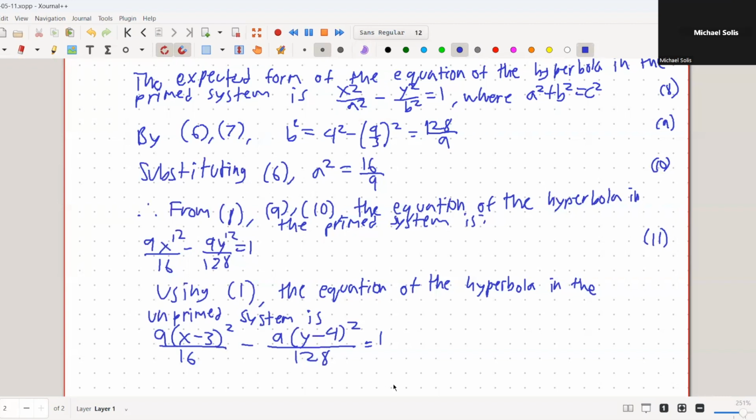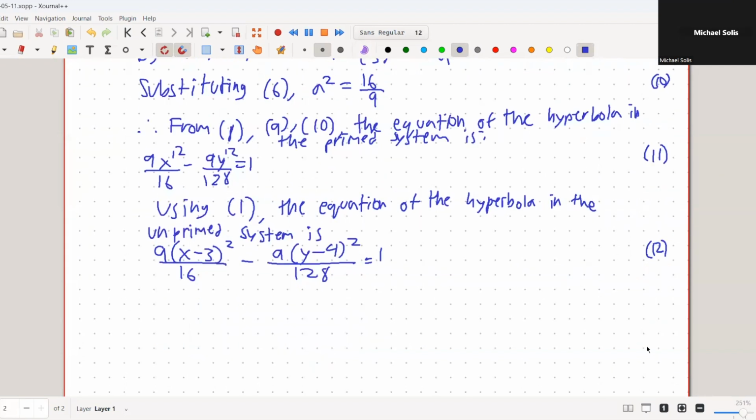So equation number 12. Yeah. Then below that, QED. Or what's the black box that mathematicians use? That's it. Okay. So that's it.